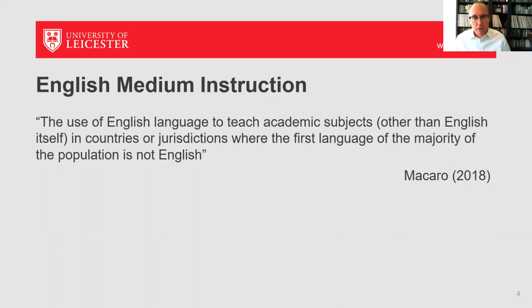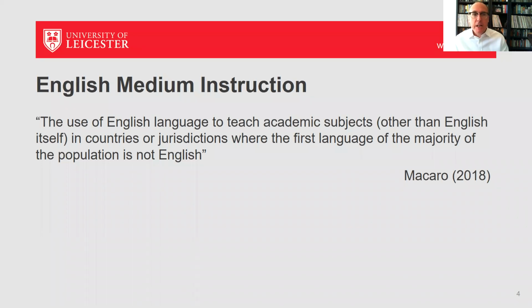So we're talking about biology, STEM subjects, engineering, media, the academic content subjects. And that's important. We need to look at this in more detail because often it gets confused and blurred with things like EAP, English for Academic Purposes.